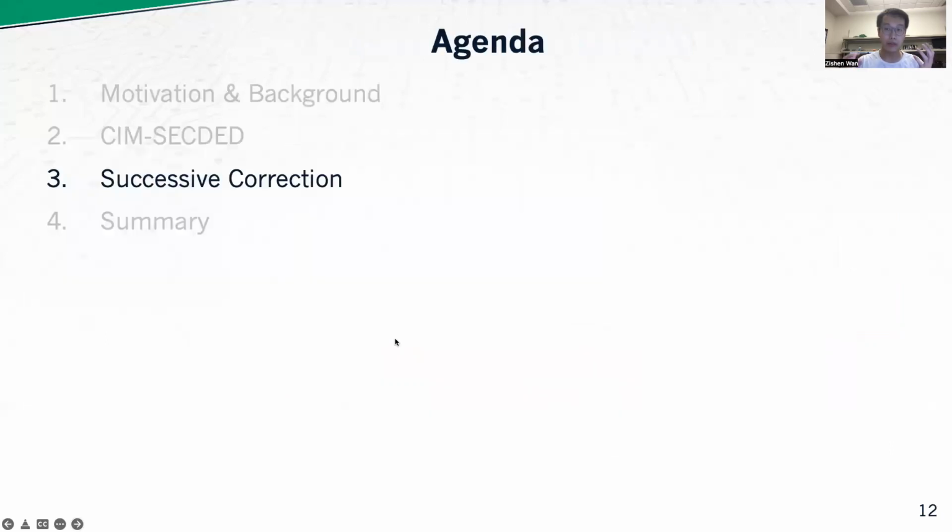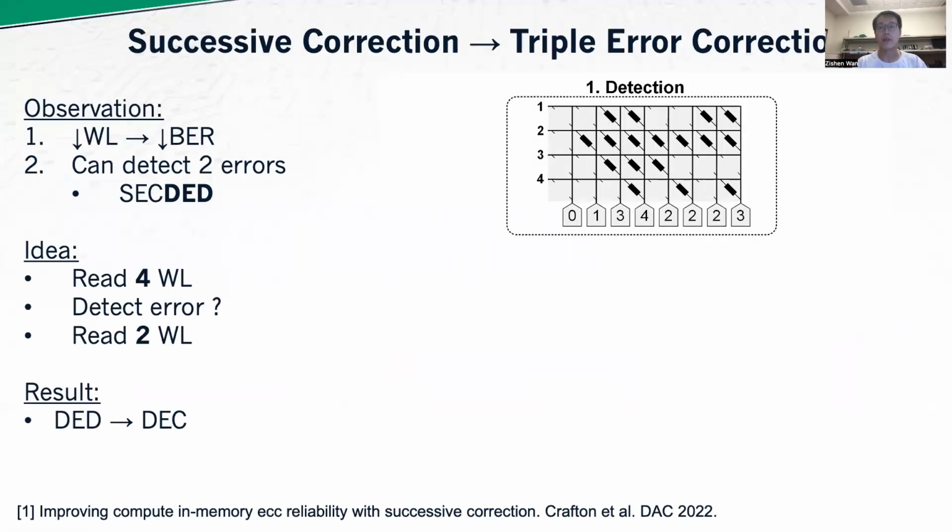And next, can we do even better? We further propose a successive correction. In this follow-up work, we figure out how to enable triple error correction, and we made use of two key ideas. One is that fewer word lines can yield fewer errors, and second is that we can detect 2 errors with the SECDED. So can we use these detection capabilities to actually perform the correction?